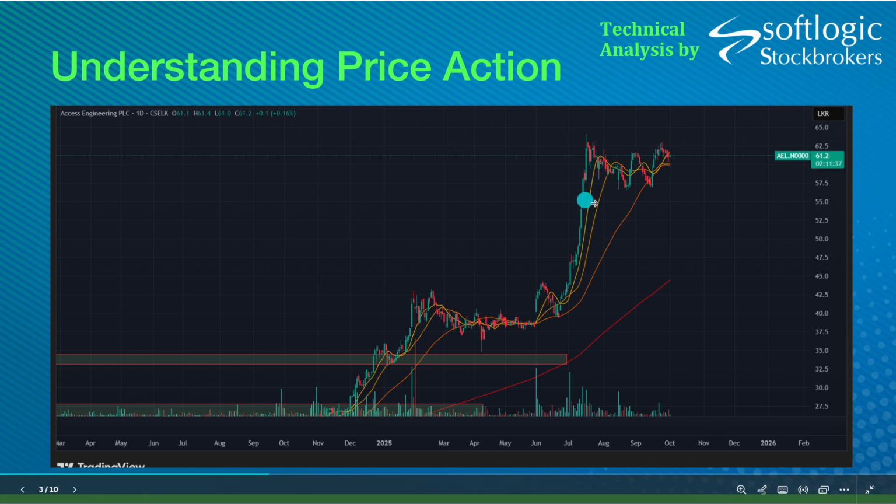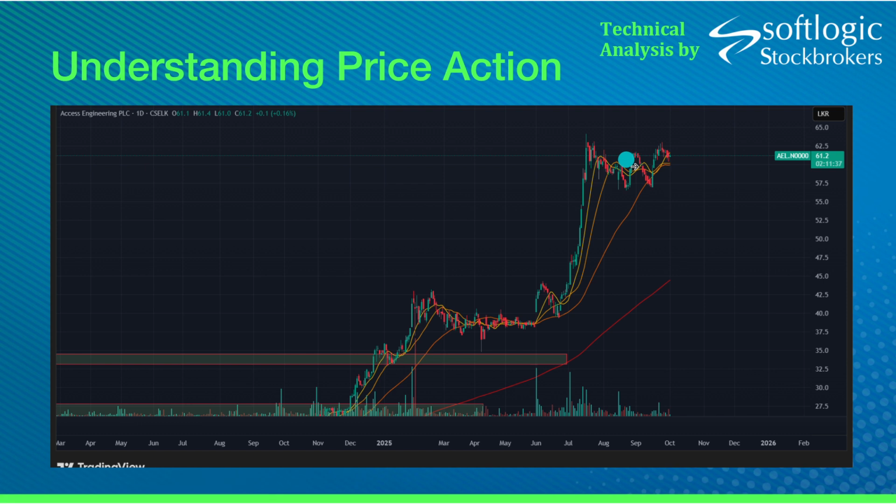So the first time it might be a million, the second time buyers might absorb half of that quantity, then there's only 500,000 left to be absorbed. And the third time, buyers might be able to absorb that quantity overall and push higher. And this is why I mentioned the more touches you see on a certain support or resistance, there might be a likelihood that it could be broken and price might continue its trend upwards or downwards. So there are a couple of things that you need to keep in mind when identifying support and resistance levels.